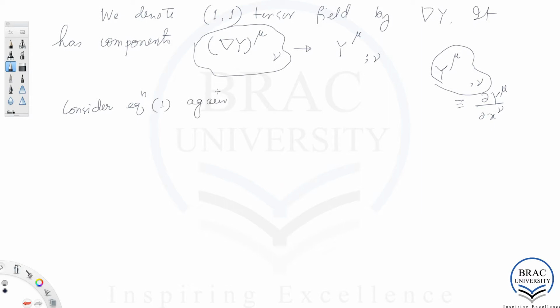What was equation 1? Equation 1 was the definition of this (1,1) tensor field, which upon acting on this one-form and the vector field was defined by this one-form acting on this vector field.